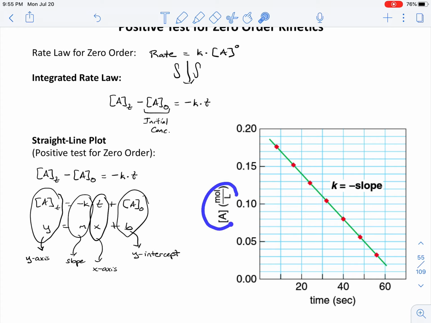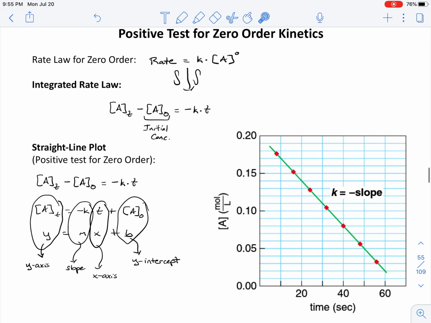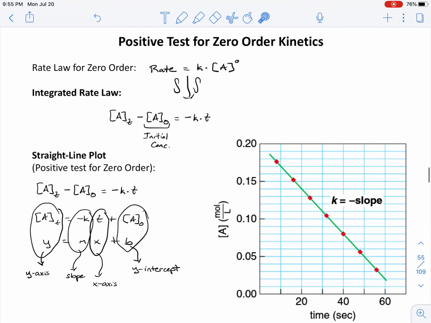If the result produces a straight line going down, in other words, it has a negative slope, then that is a positive confirmation that the reaction is undergoing zero order kinetics.